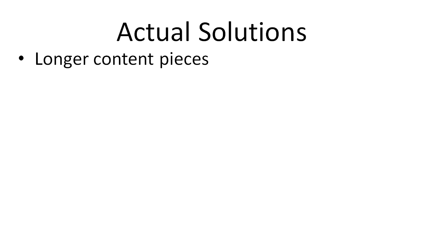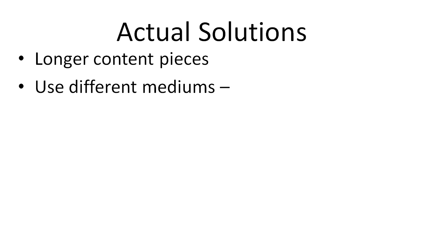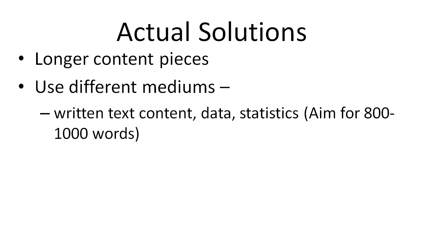Longer content pieces helps a lot. We've kind of gone from 200, 300, 400, 500 word articles now to 800 to 1,000 word articles. And not only that, you need to use different mediums. So what I mean by that is we've got written content, we've got data, we've got statistics, and it really depends on your audience and on your niche.